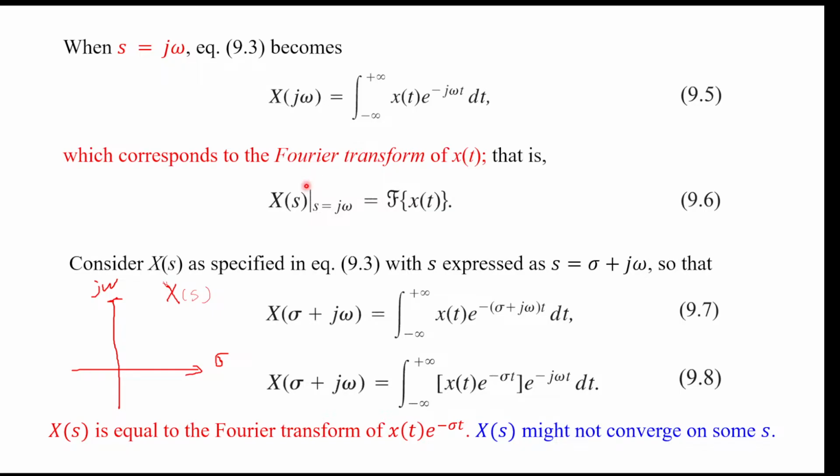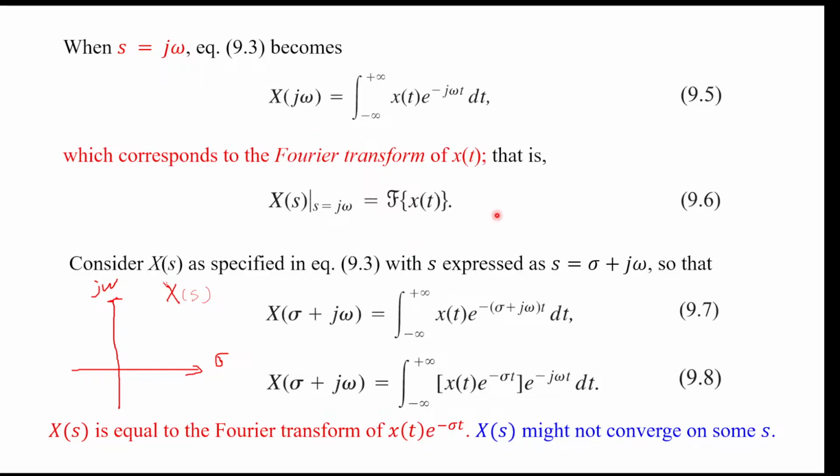So X of s, where s equals j omega, is just the Fourier transform of x of t. This justifies our notation for the Fourier transform as big X of j omega, because the Fourier transform is actually the Laplace transform restricted to the complex value s being j omega.